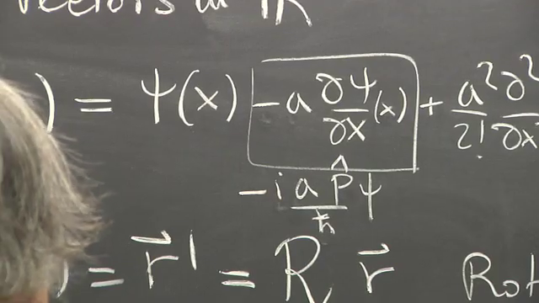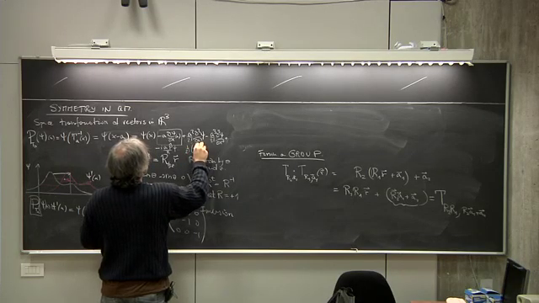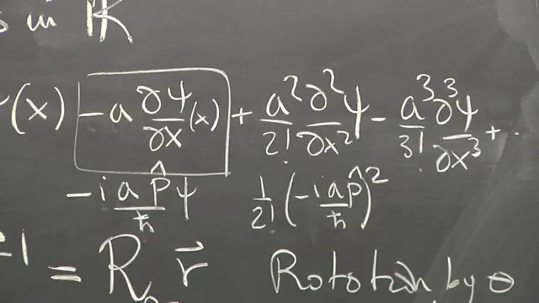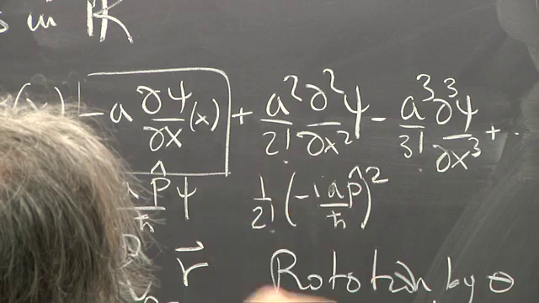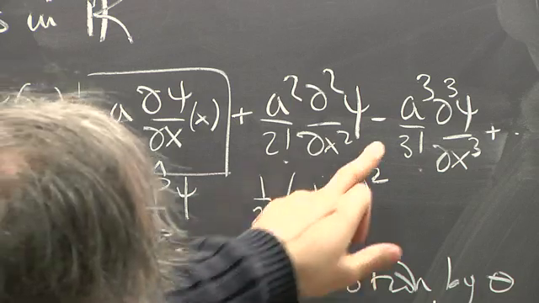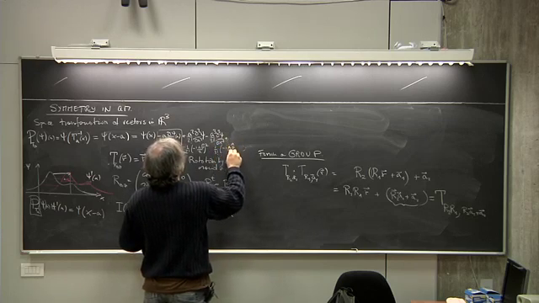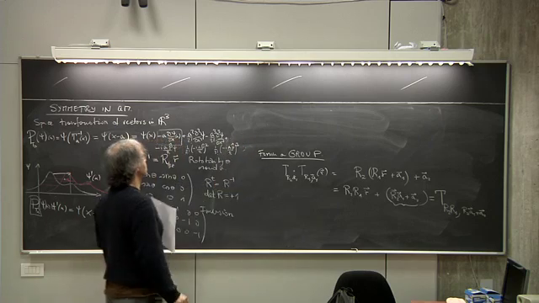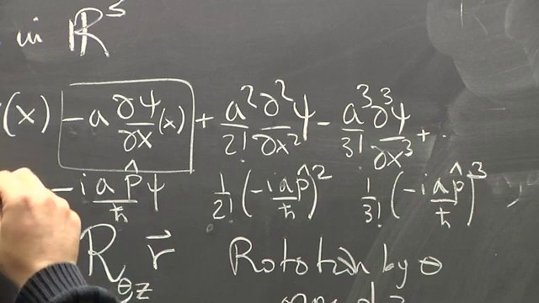And it takes very little to realize that this is 1 over 2 factorial, minus i a P over h bar applied twice. Right? You get just a square, then you get the second derivative, and then you have the 2 factorial. And similarly here, you have 1 over 3 factorial, minus i a P over h bar applied 3 times. So all in all, this is the identity applied to psi, plus the rest.